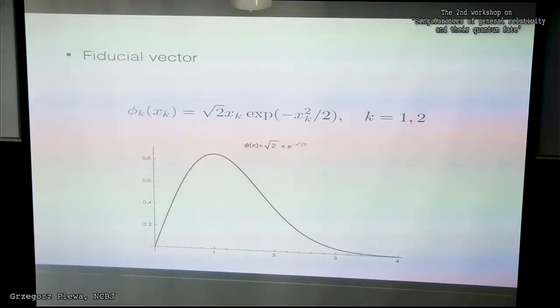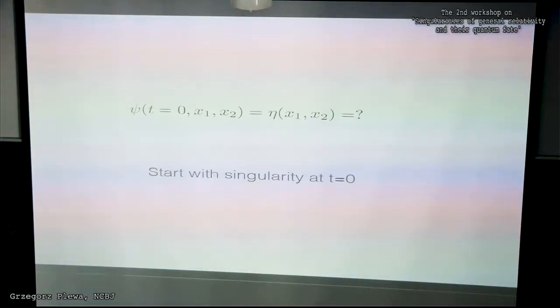And this is also supported by intuition, since we start with some shape, some profile, which is about some fixed point in X space. Having said that, the next step is the eta function.